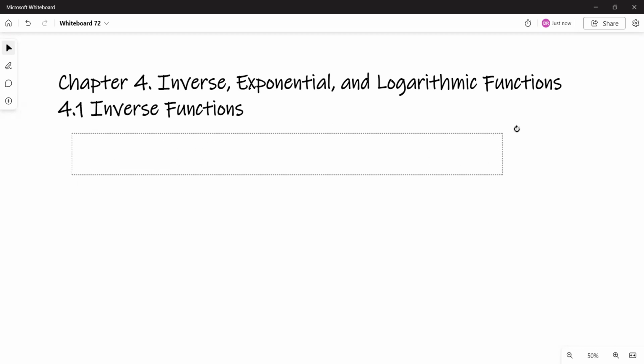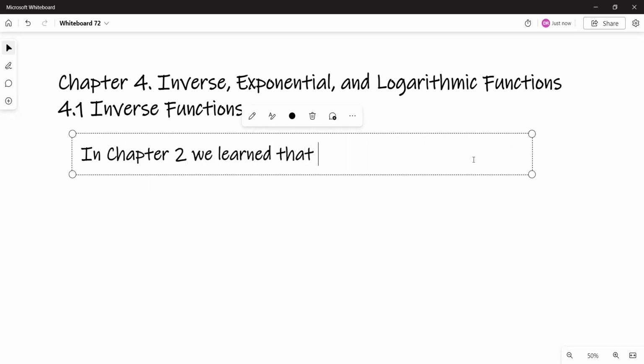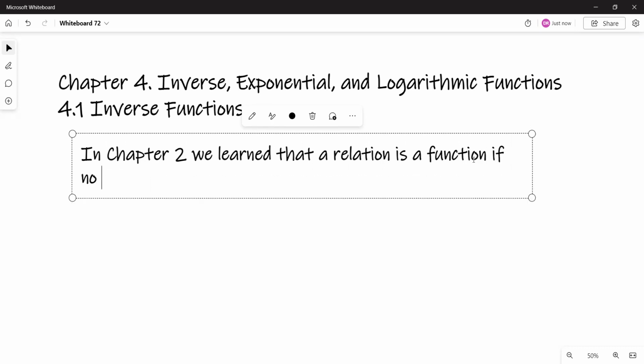In chapter 2, we learned that a relation is a function if no two values of y correspond to the same value of x.